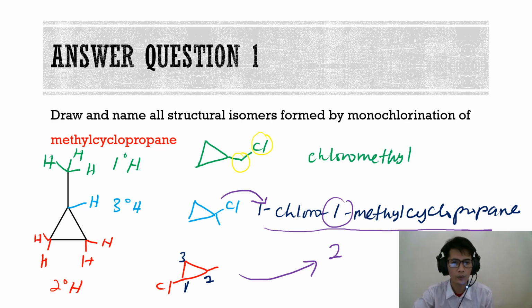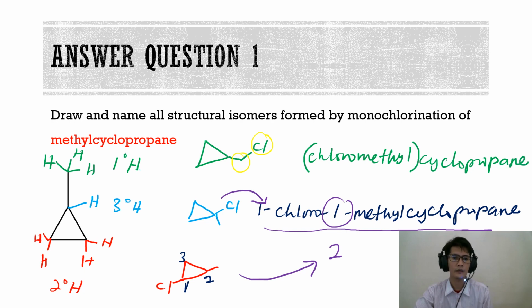But since this is the substituent of a substituent, to avoid the confusion, we need to put it in the bracket, then continue with the cyclopropane at the end. Okay, so that is the name. Okay, next.